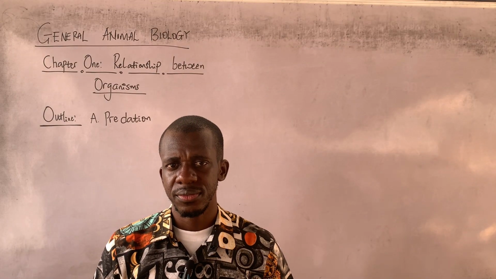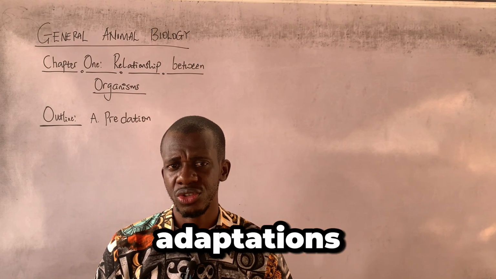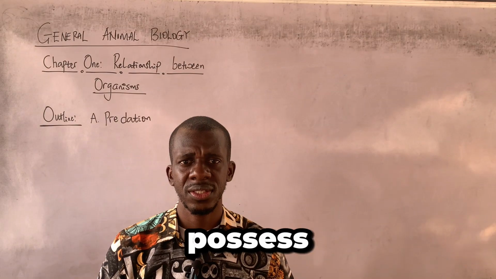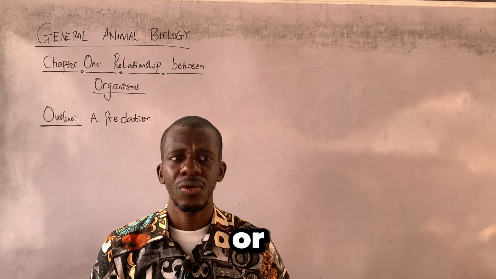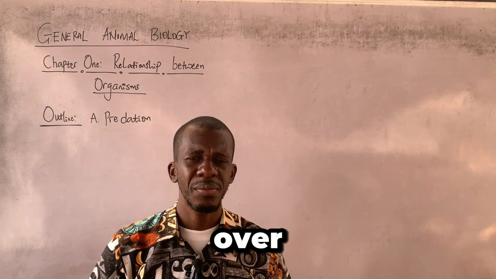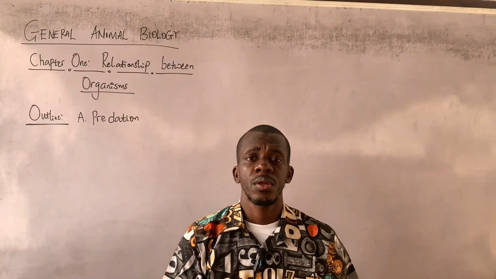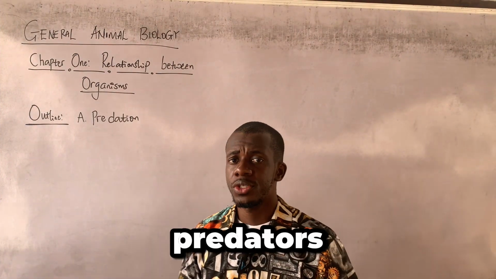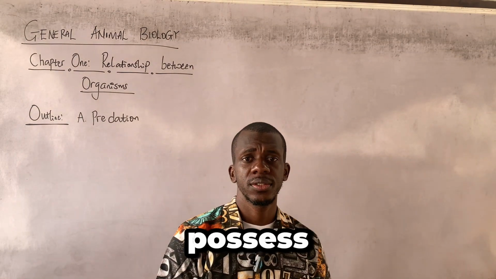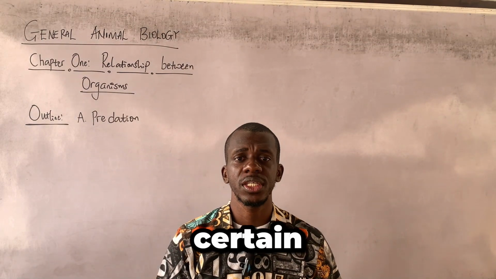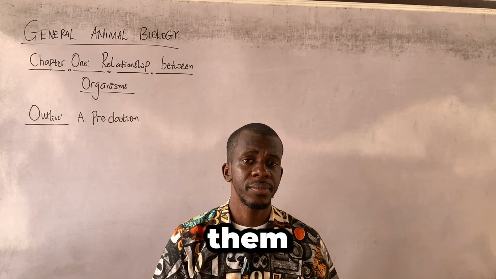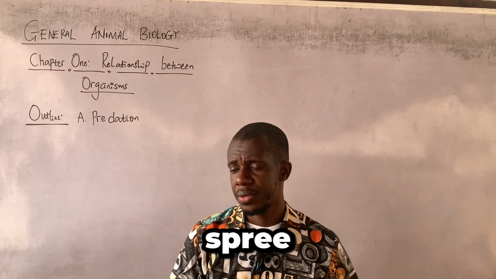Yes. All right. These are some of the adaptations that predators possess that give them an edge or an added advantage over prey or help their hunting exercises. All right. So predators possess characters or certain features that help them in their hunting spree.